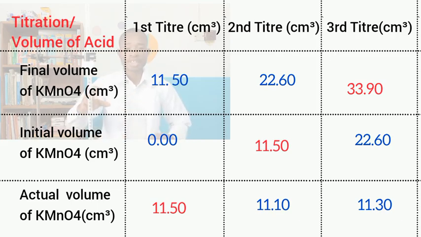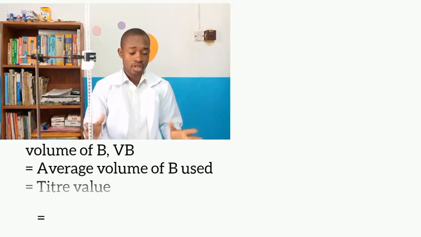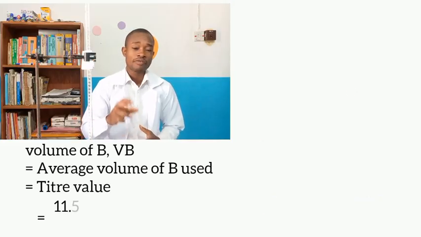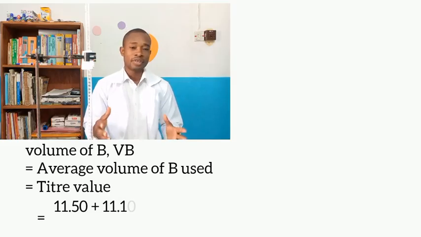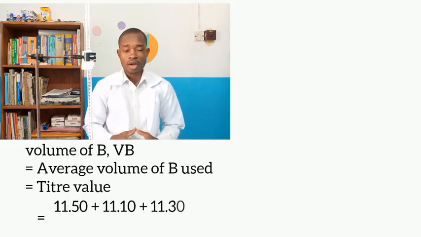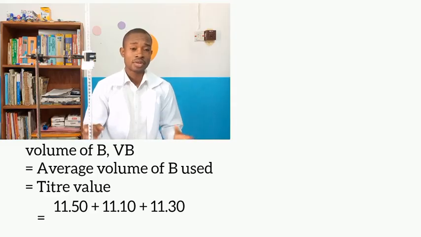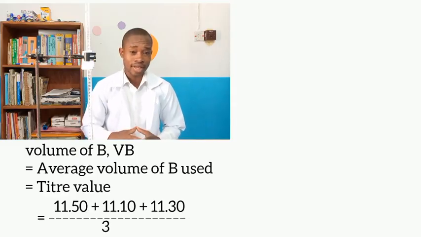So how do we obtain the average volume? Simply go to the actual volumes in the table, and then add up the 3 actual volumes of potassium manganate 7 obtained. Once we add them up, we simply divide by 3 because we are looking for the average. So this is going to give us 11.50 plus 11.10 plus 11.30 all over 3.